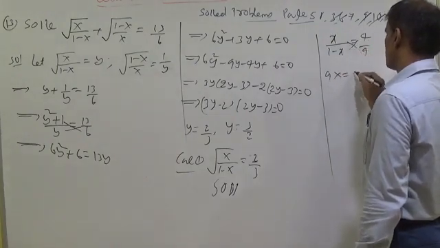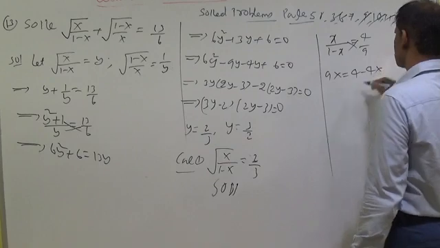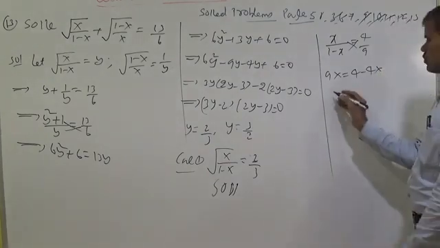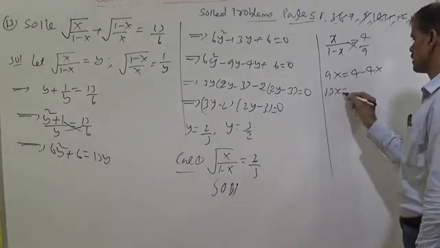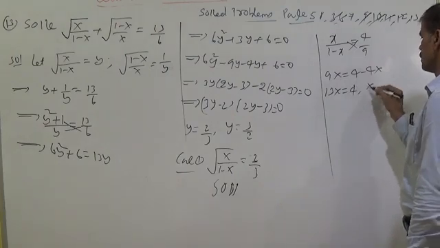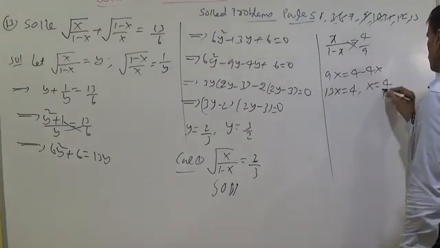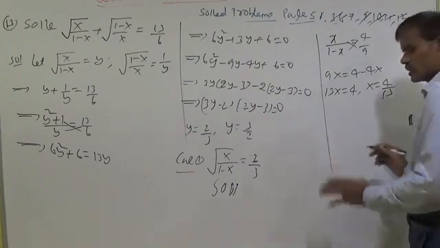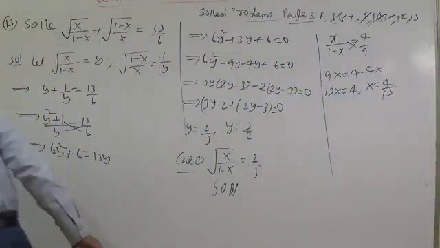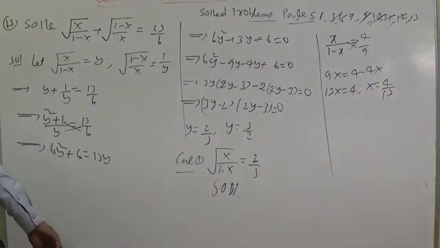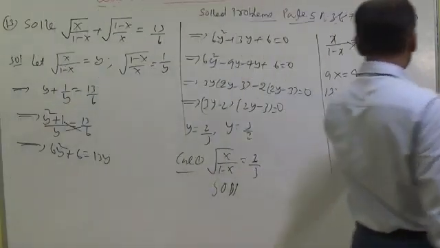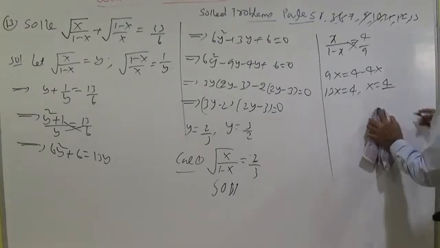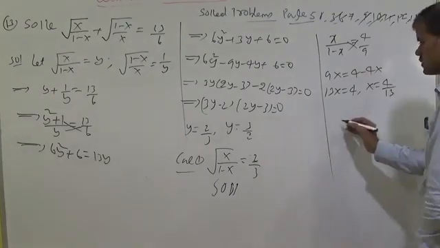Now you can write 9x is equal to 4 minus 4x. Minus 4x taken this side, it becomes 13x equal to 4, and x is equal to 4 by 13. This is case 1. x is equal to 4 by 13 is case 1.